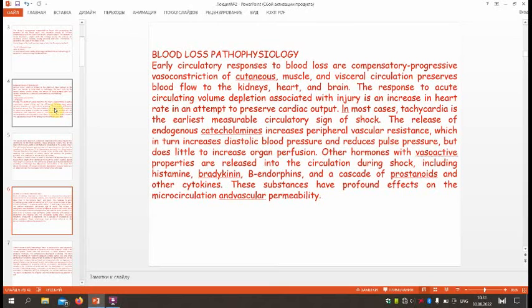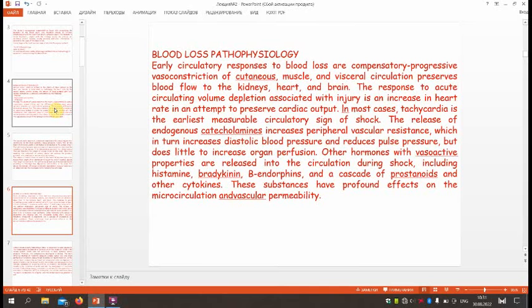In most cases, tachycardia is the earliest measurable circulatory sign of shock. The release of endogenous catecholamines increases peripheral vascular resistance, which in turn increases diastolic blood pressure and reduces pulse pressure, but does little to increase organ perfusion.